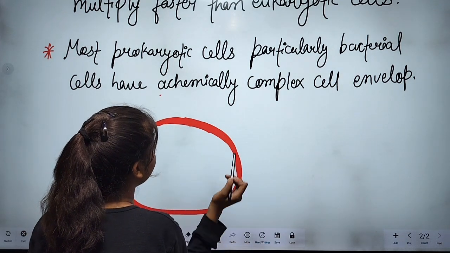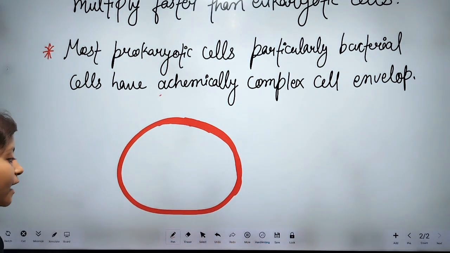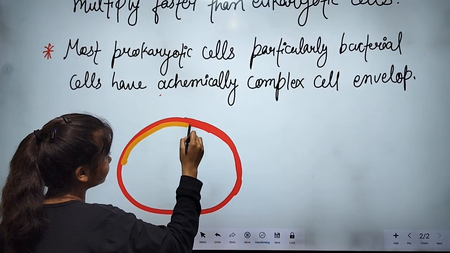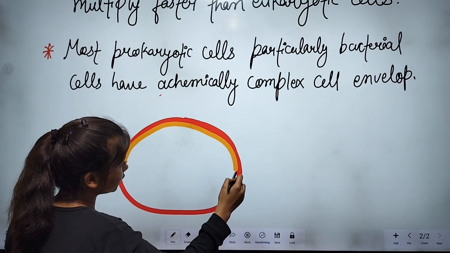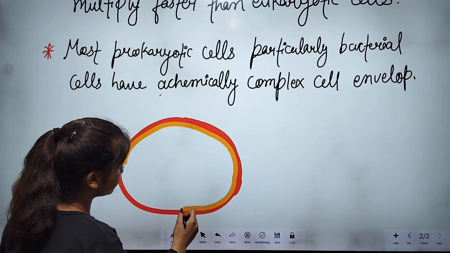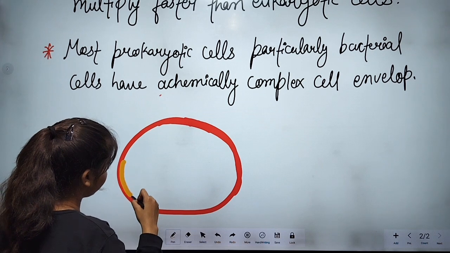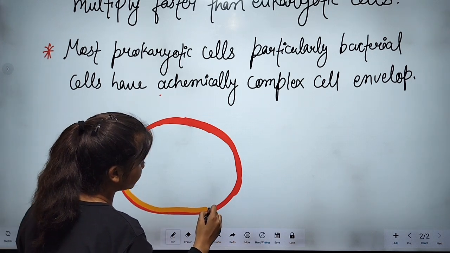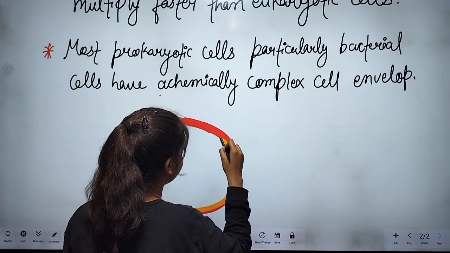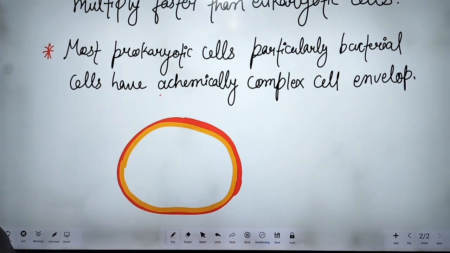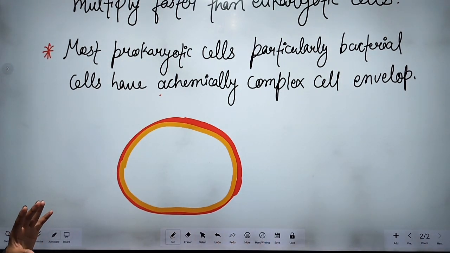Then the cell wall, which is present before the glycocalyx, that is the capsule. The capsule is also called the hardest and is very protective for the bacterial cell.